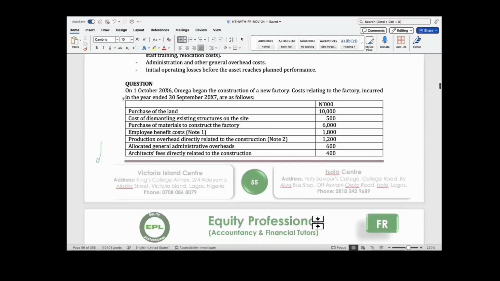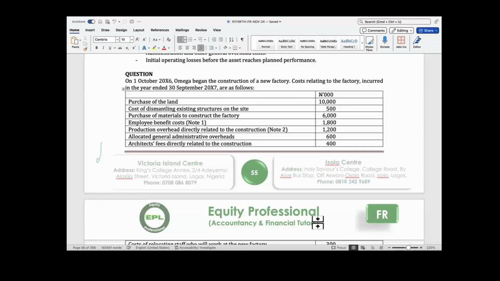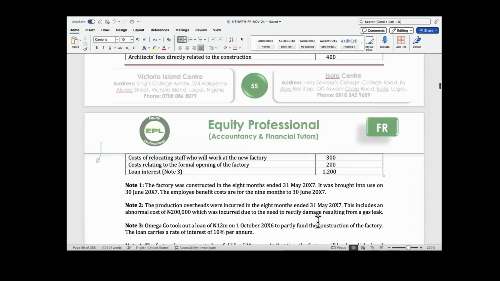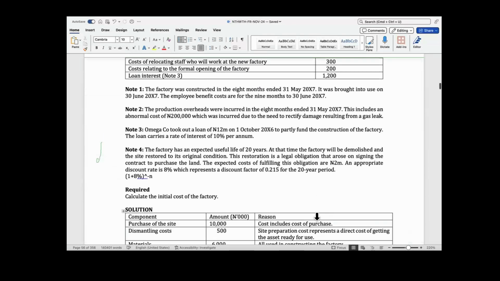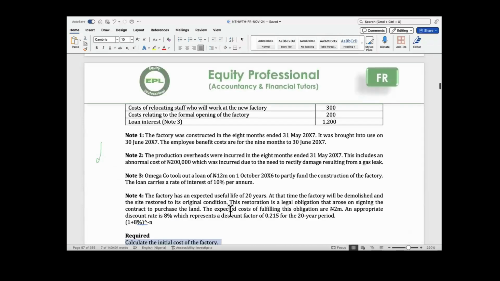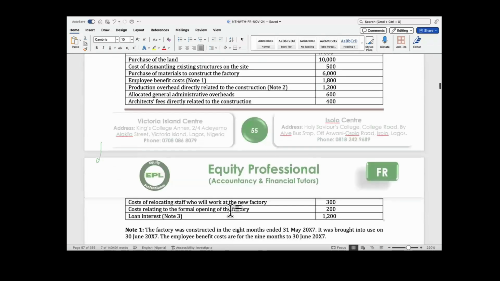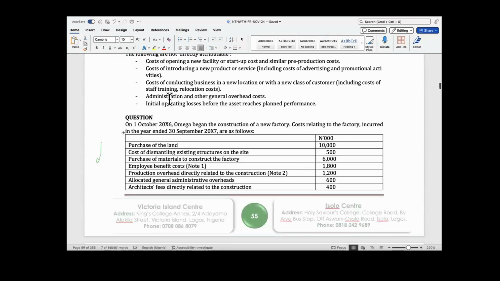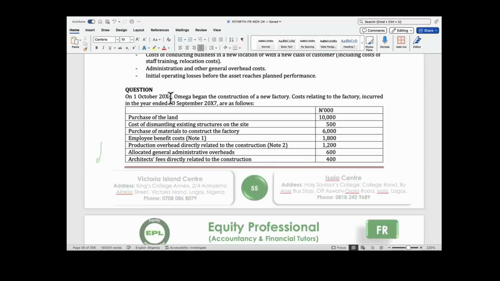I'd like to read the requirement of the question first. The question says, calculate the initial cost of the factory. That is what we have been talking about. It says that on 1st October 2006, Omega began the construction of a new factory.